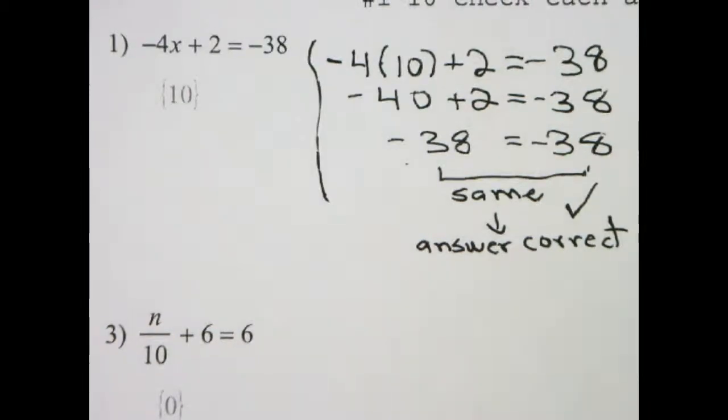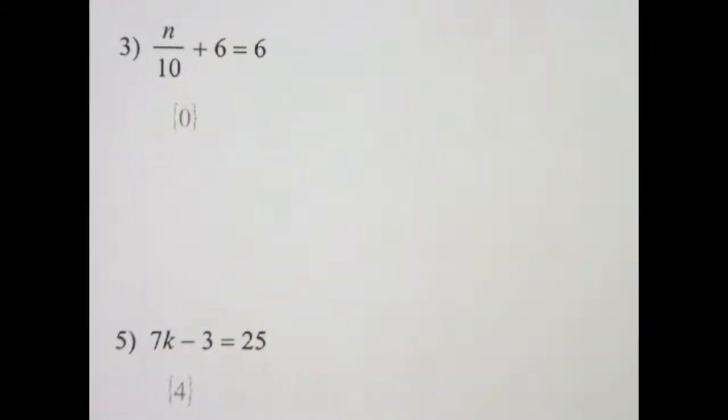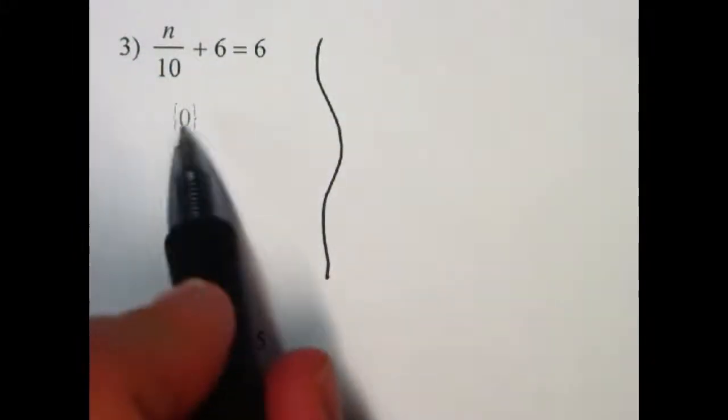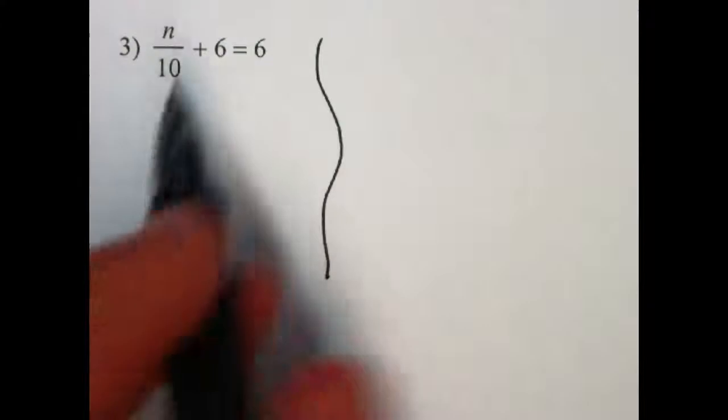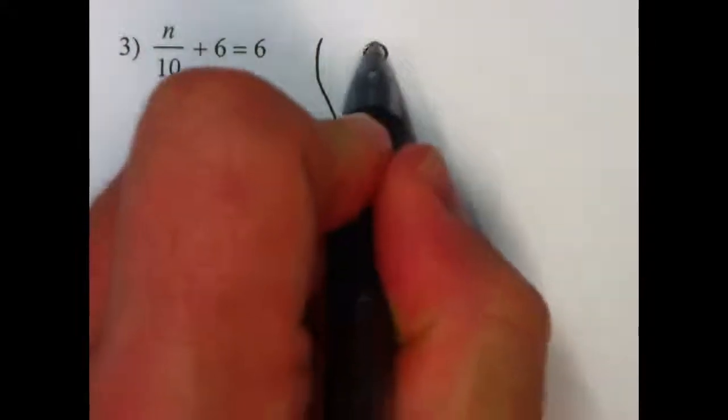Let's see here, number 3, just right below it. So we're trying to check to see if 0 is the right answer. So plug in 0 for our variable.